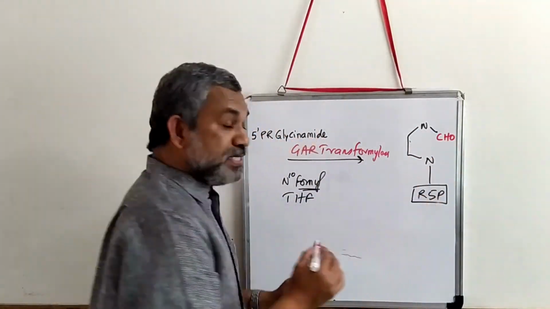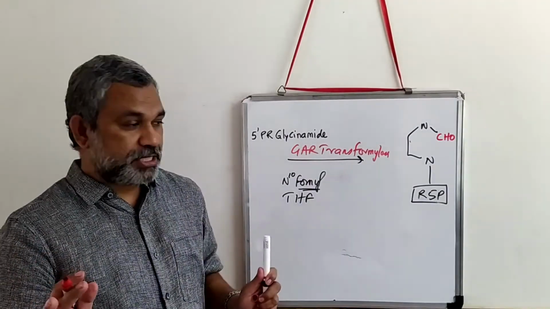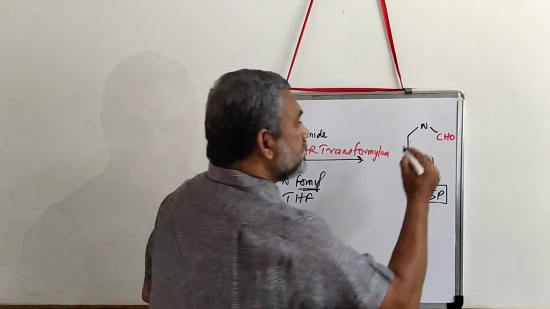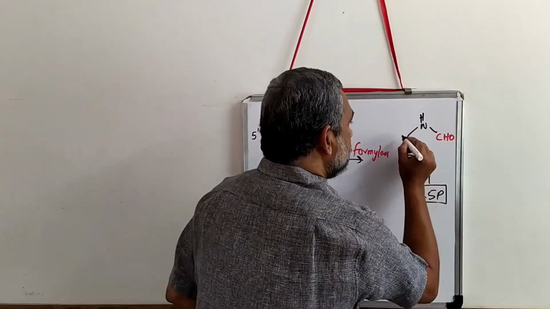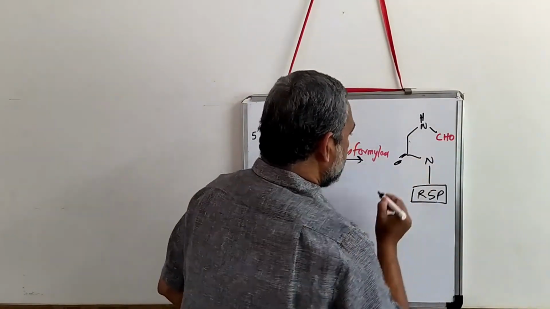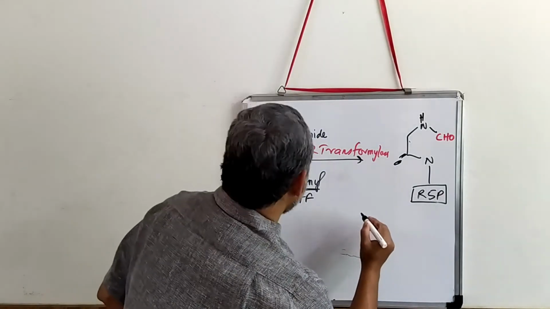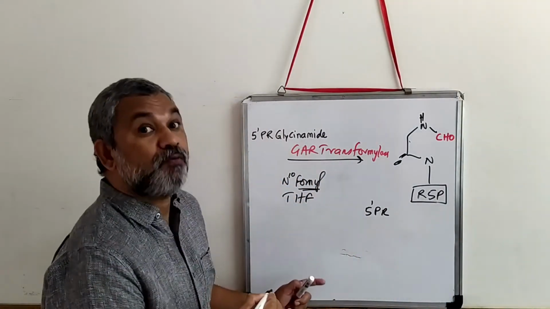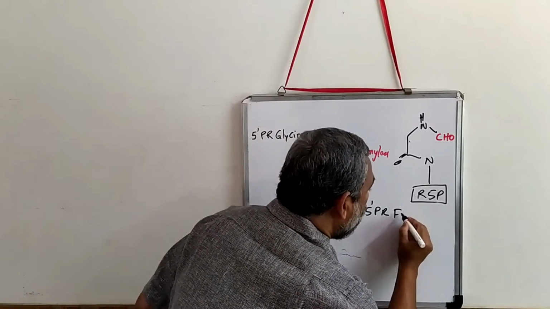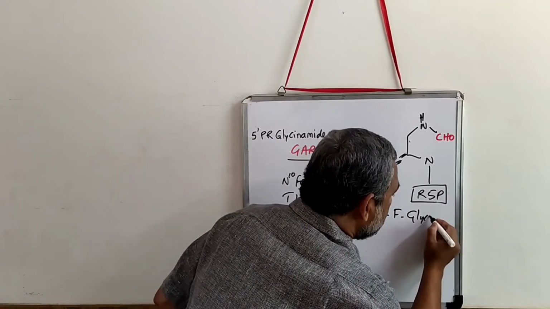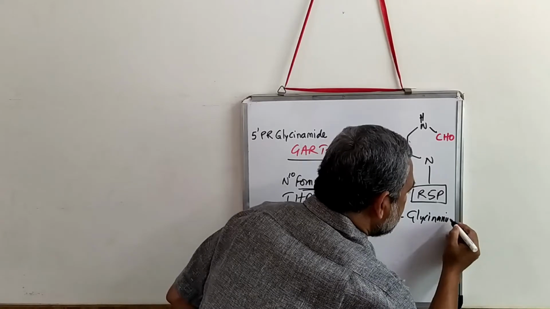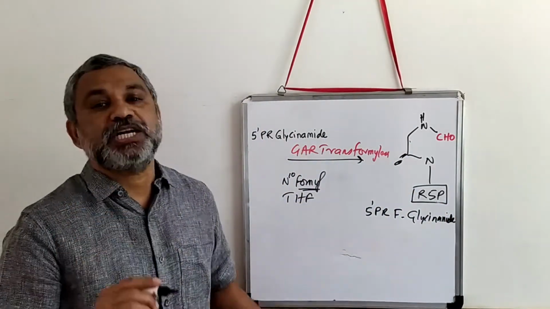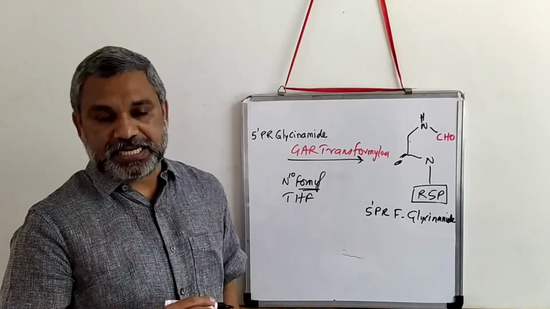Okay, so now the ring is not yet closed. Now this is the product that we are getting. This product is 5-phosphoribosyl formyl glycinamide. So this is the product. This is the result of the third step.